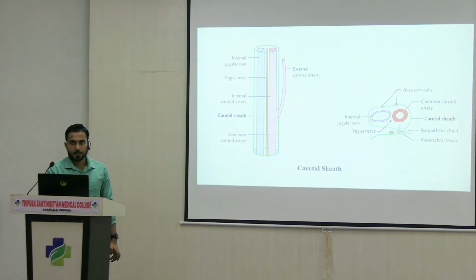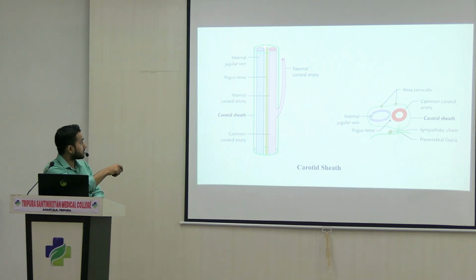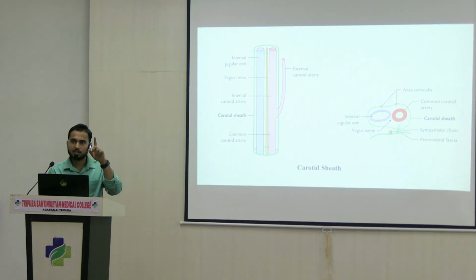The common carotid artery bifurcates inside the sheath, and the external carotid artery comes out, but the internal carotid artery remains inside the sheath. It is not coming out of the sheath. This extension is up to the base of the skull, until it enters the cranial cavity.